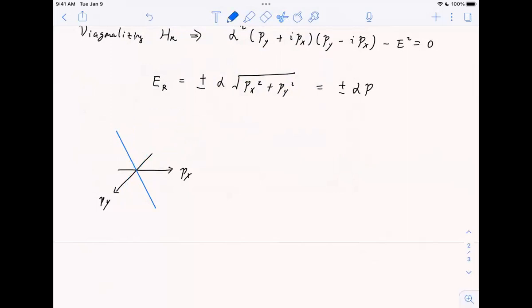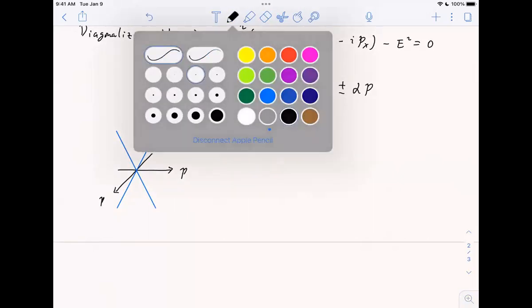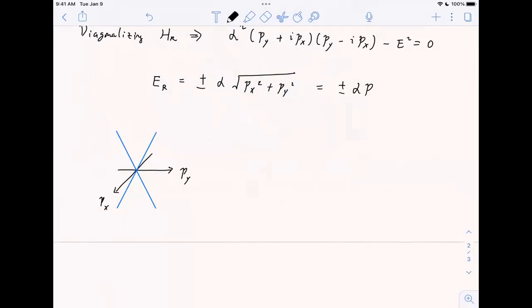Something like that. You can change it. Doesn't matter. Probably it doesn't matter too much if you just consider the energy, because it's isotropic anyway.